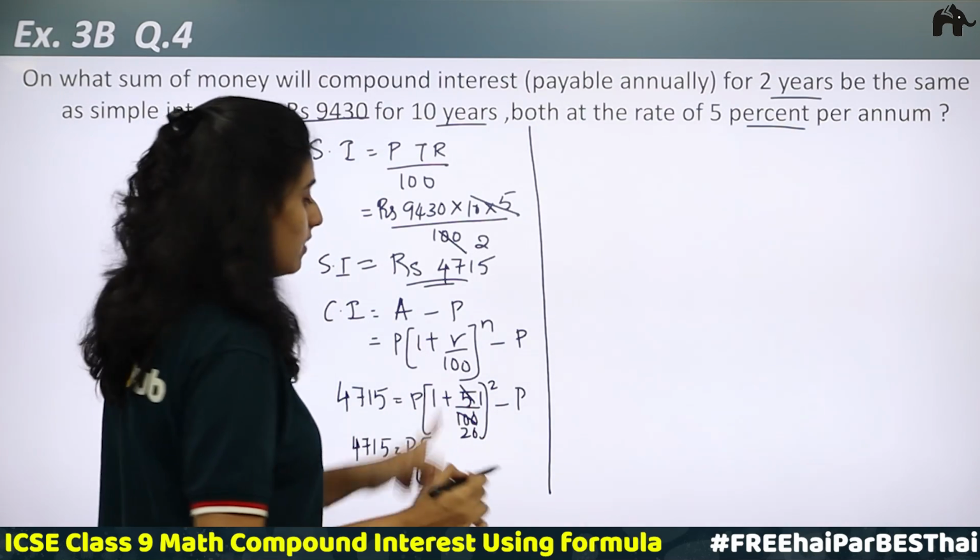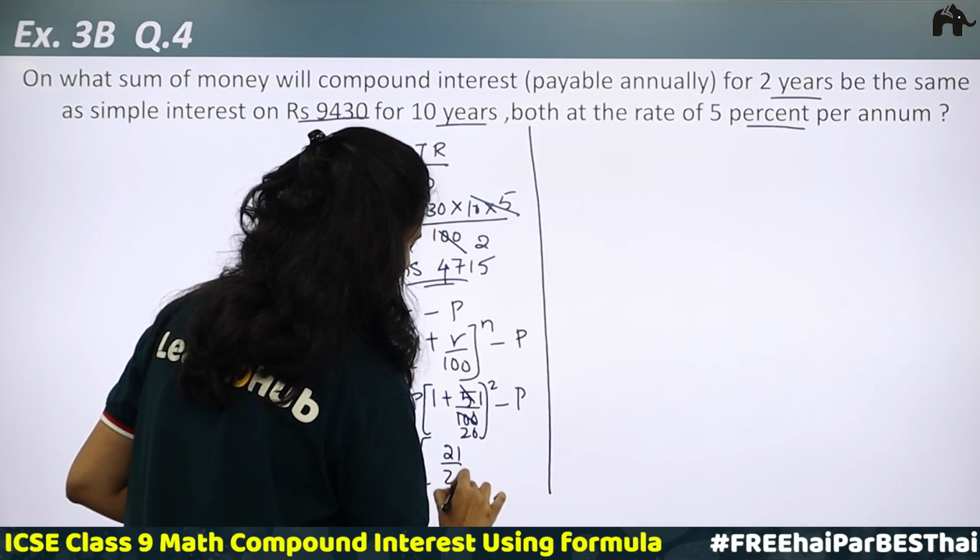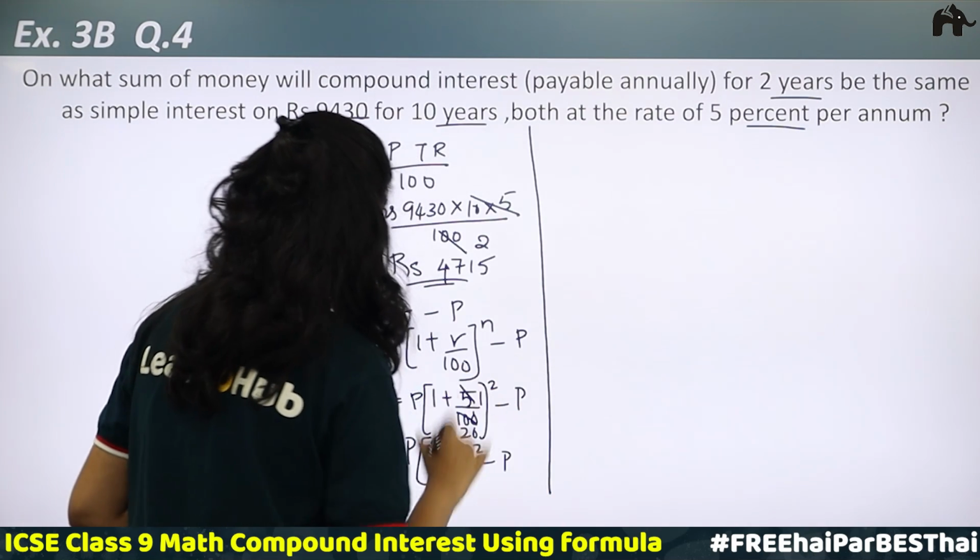So this becomes 21 by 20 square minus P.